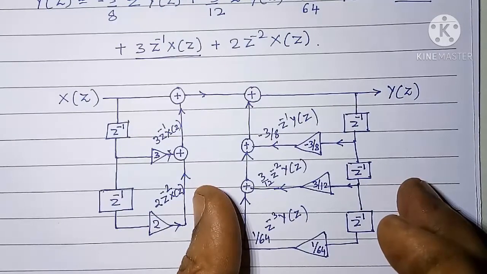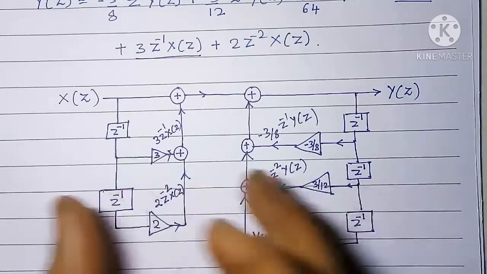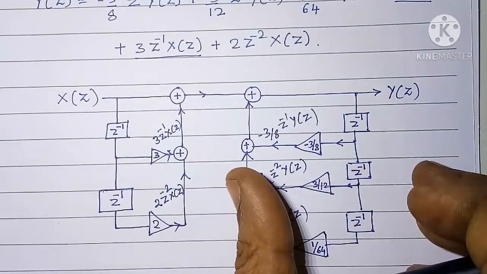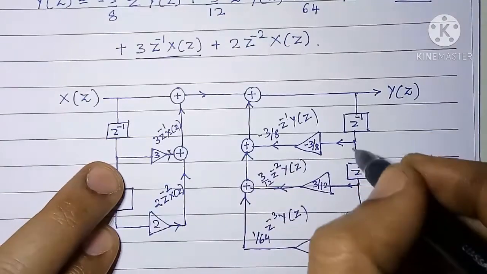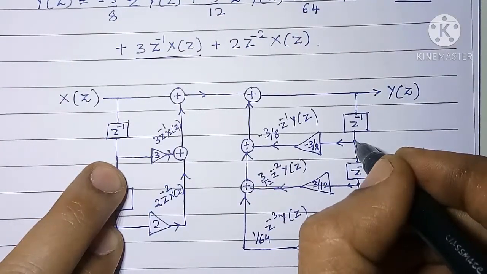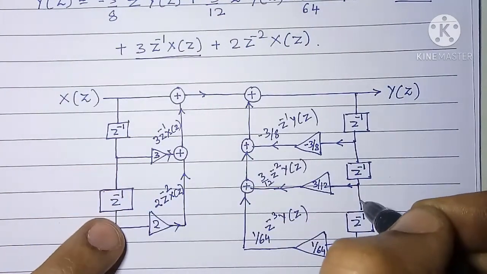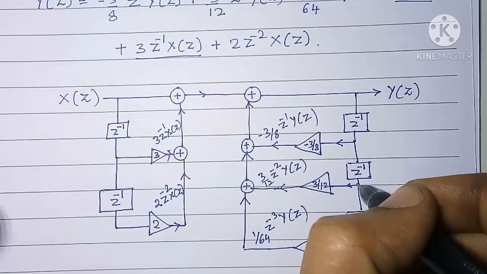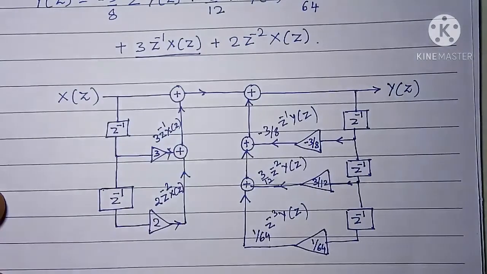Bring this entire part to the left, take this entire part to the right, and then connect the points after the first delay unit together, the points after the second delay unit together, and if any points are left, you keep them as they are. Shall we do that now?